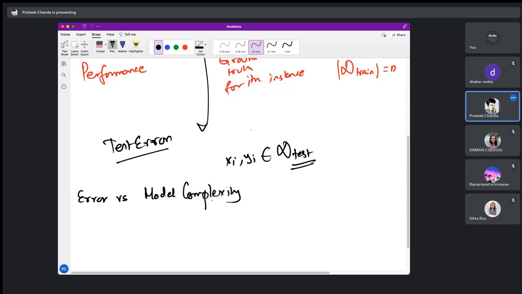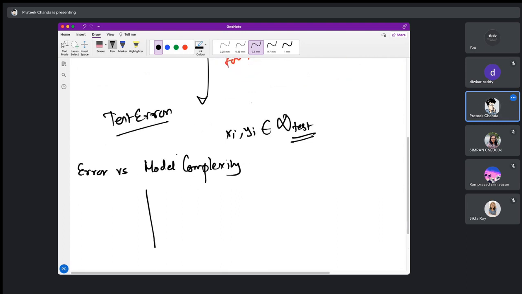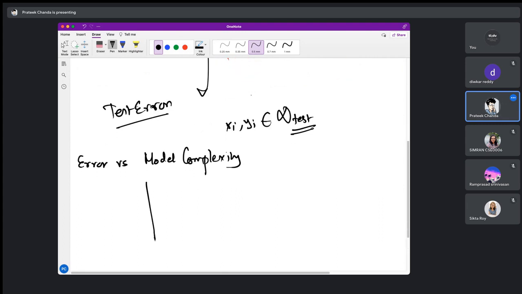So my y-axis is my prediction itself, prediction error. I will just show what it means. A prediction error can be test error or training error. So I would have something like this.